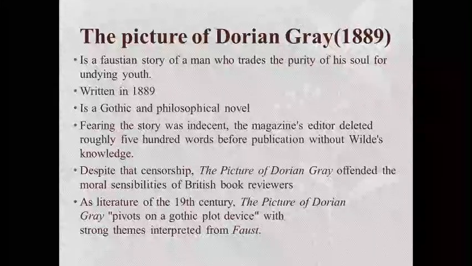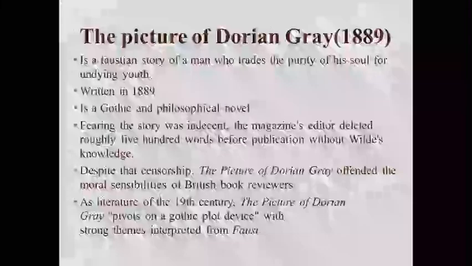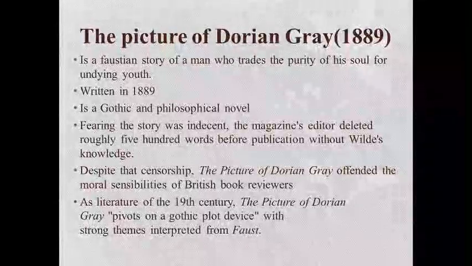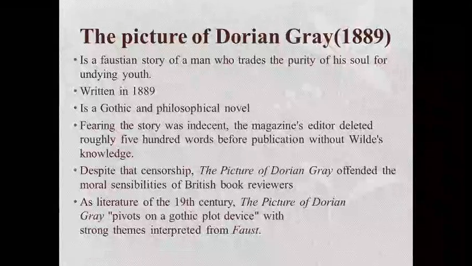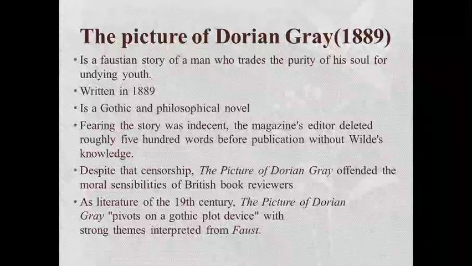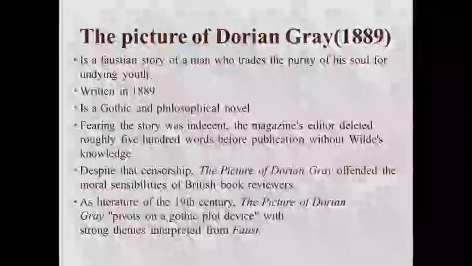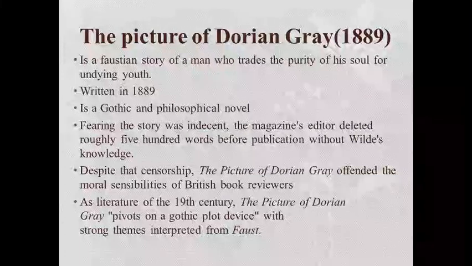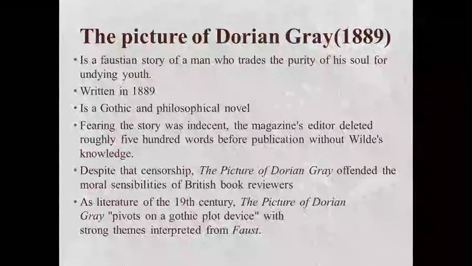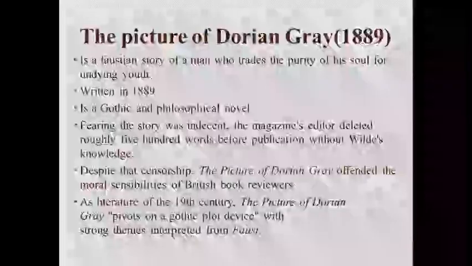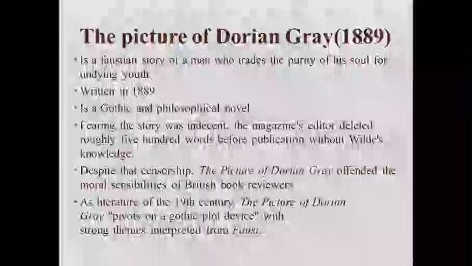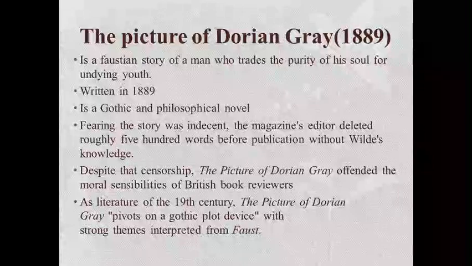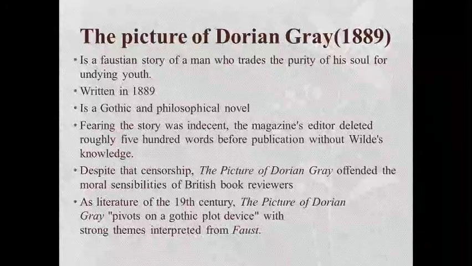Despite that censorship, The Picture of Dorian Gray offended the moral sensibilities of British book reviewers, and some of them said that Oscar Wilde merited persecution for violating the laws guarding public morality. In response, Wilde aggressively defended his novel and art in correspondence with the British press, although he personally made excisions of some of the most controversial material when revising and lengthening the story for book publication the following year.